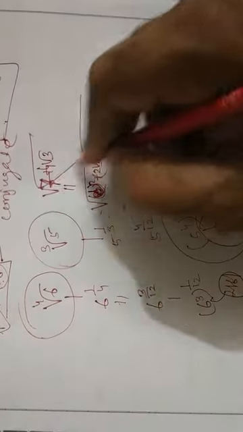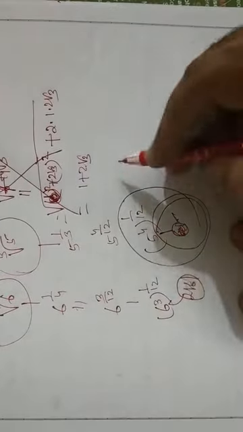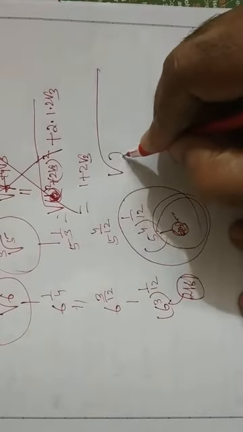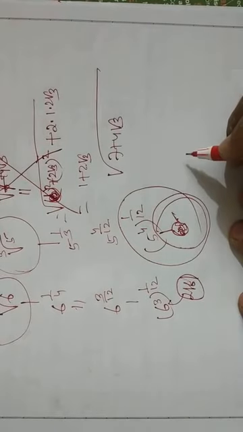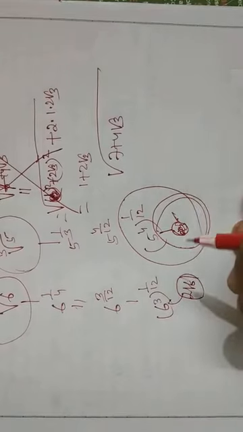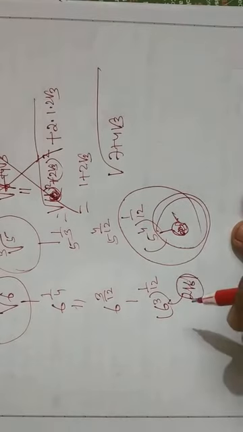I did a mistake. Chalo, square root of 7 plus 4 root 3 once again. Tell me, how shall I get the square root of this?